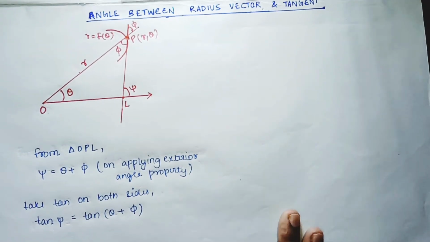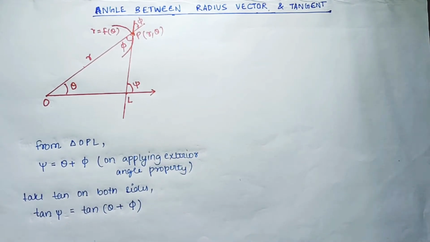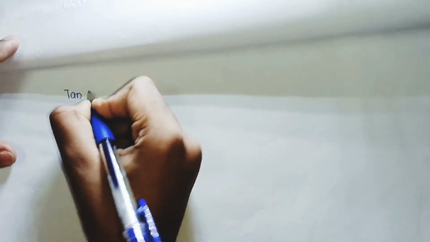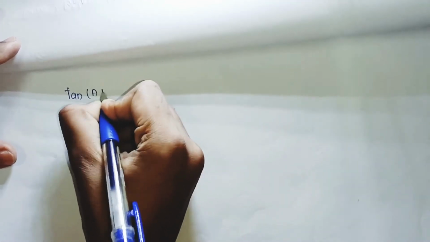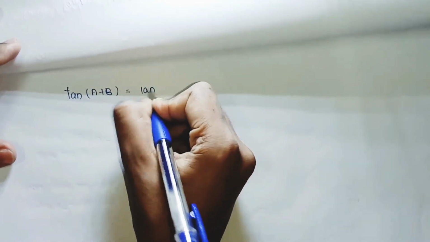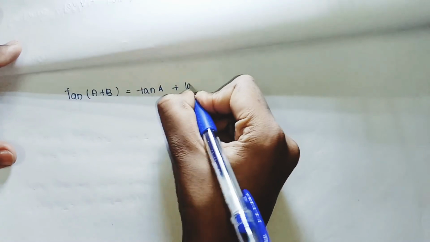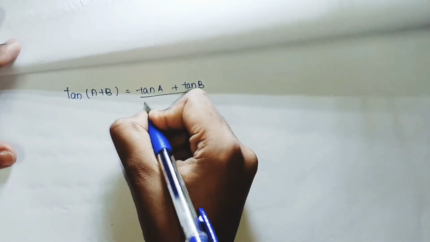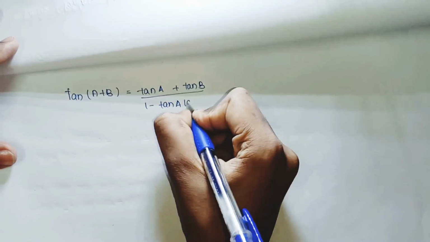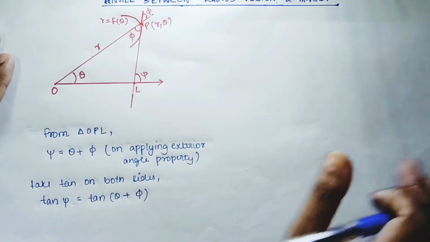I hope you have all learned the formula for tan of A plus B in your higher secondary classes. Still, I'll show you the formula once. The formula goes like tan of A plus B is equal to tan A plus tan B upon 1 minus tan A into tan B. This is the formula which we will be applying here.